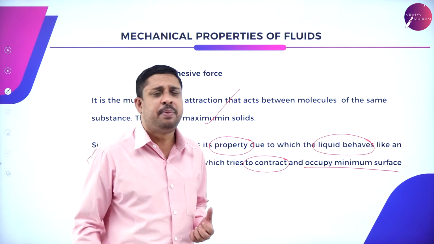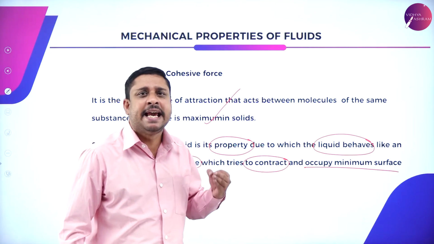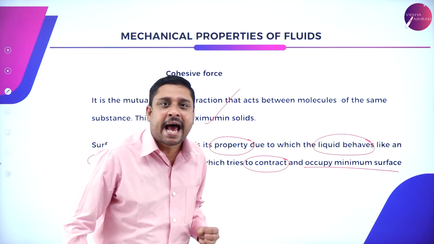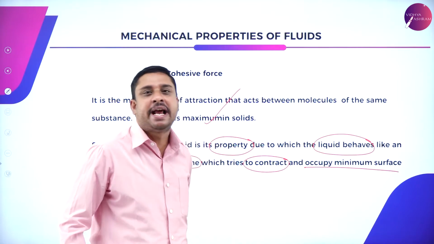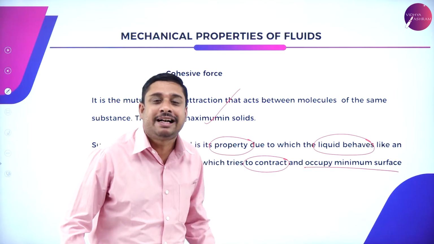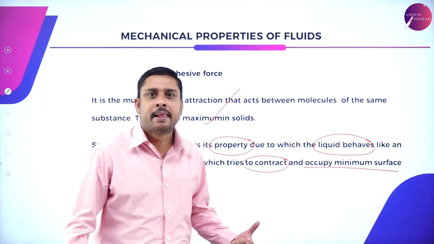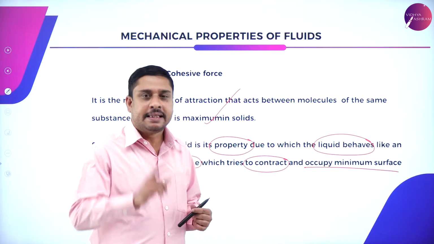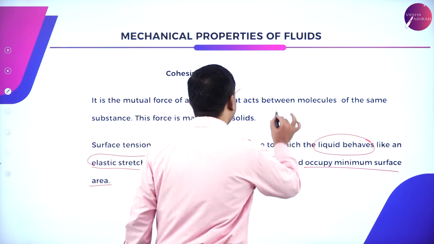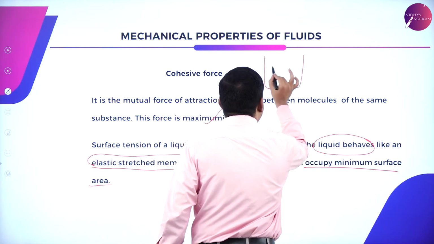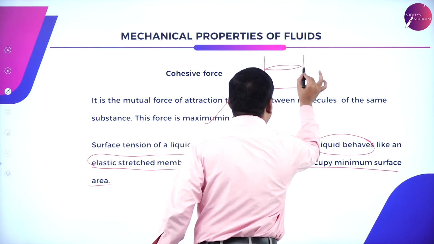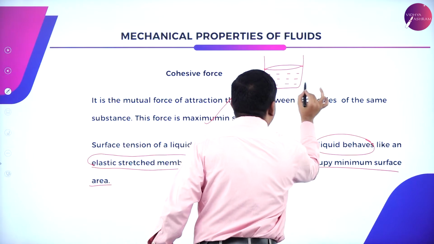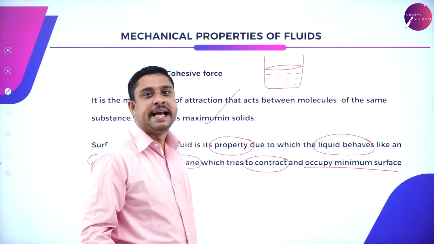But why does this happen? Why does the liquid behave as an elastic stretched membrane? Why does it contract? Why does it occupy minimum area? That is because of this reason. Suppose this is the surface of the liquid. So this is the liquid filled inside the container.